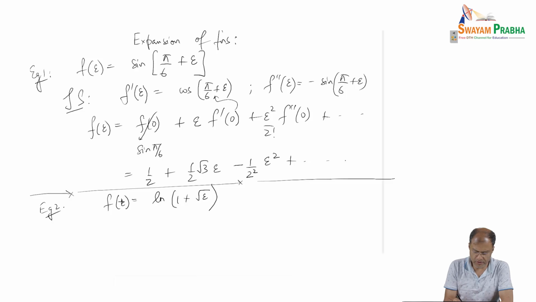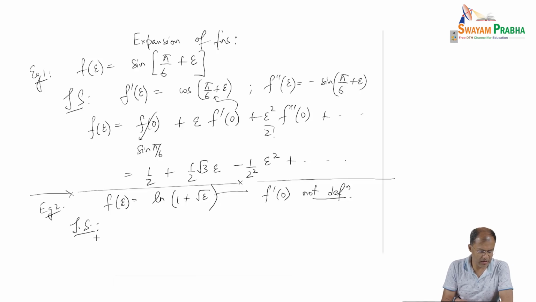If we were to use the Taylor series again, we will see that we will run into problems from the first derivative onwards, because the first derivative will not be defined, right? So f prime of 0 is not defined.